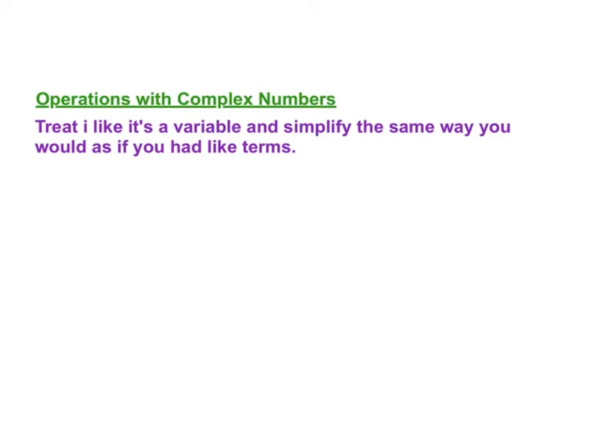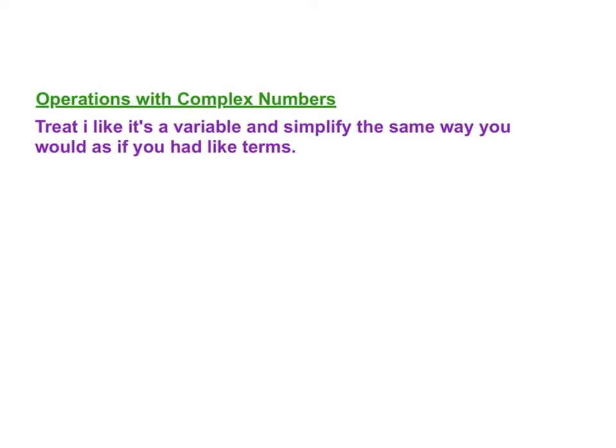What you're going to do with complex numbers is treat I like it's a variable, even though it's not a variable. But we're going to pretend that it is and use it like it is. And then we're just going to combine like terms, multiply, whatever, right?